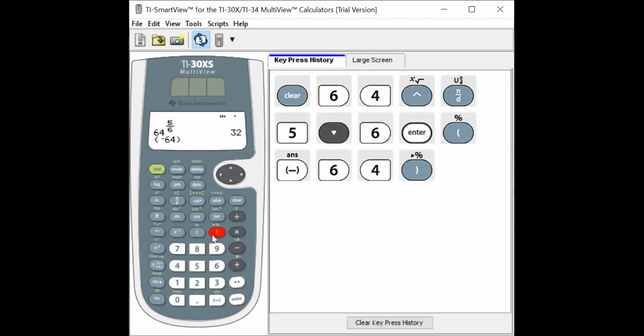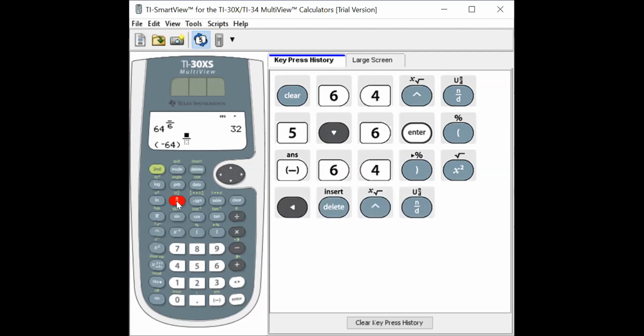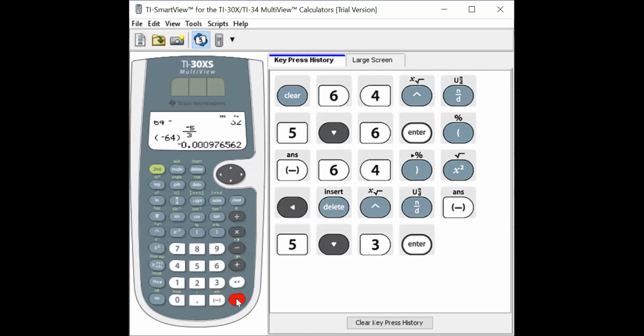-64 in parentheses to the fraction -5/3. I'm not for sure if this one's going to work. Okay, this one didn't give your answer.